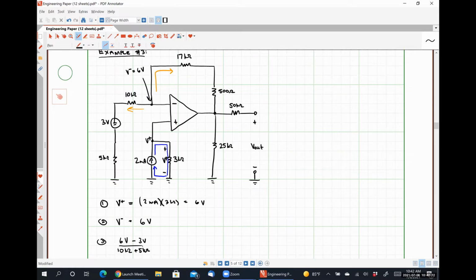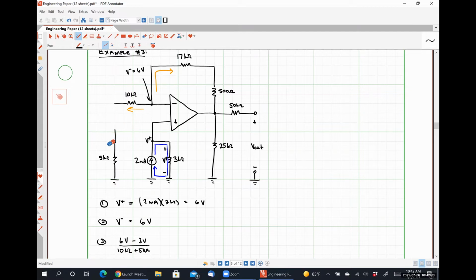All right, so you caught something that very few students catch. Now your methodology is perfectly correct. What I would argue is the 10 kilo ohm resistor and the 5 kilo ohm resistor are in series.